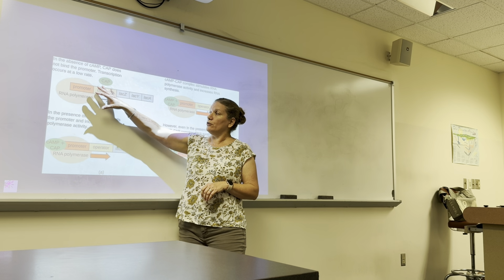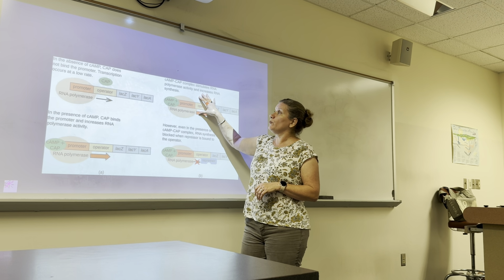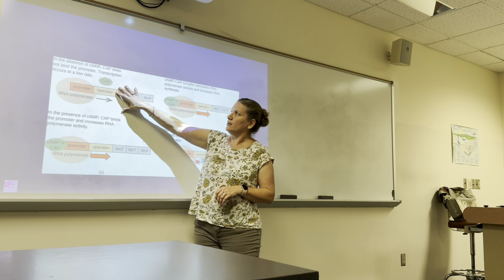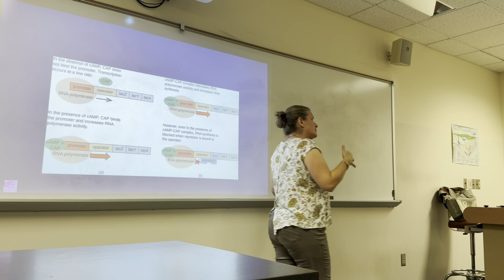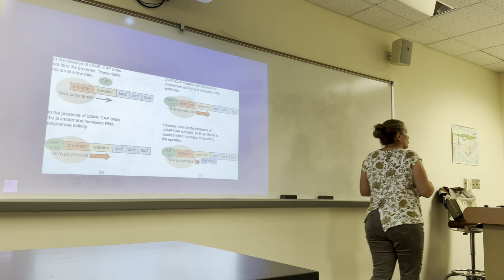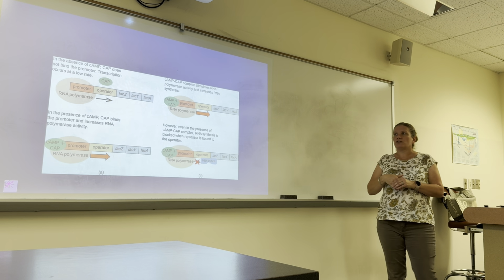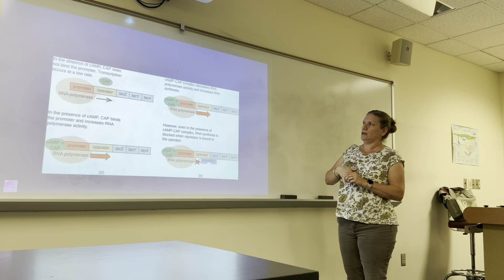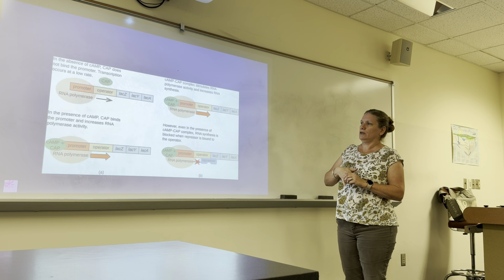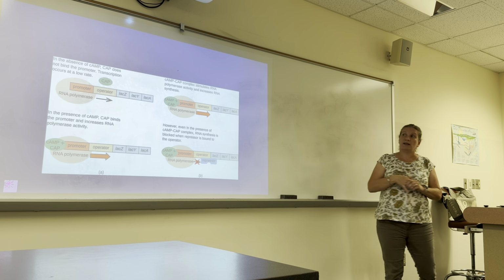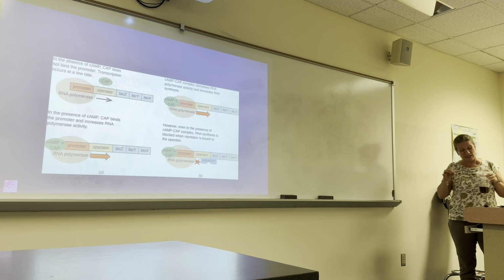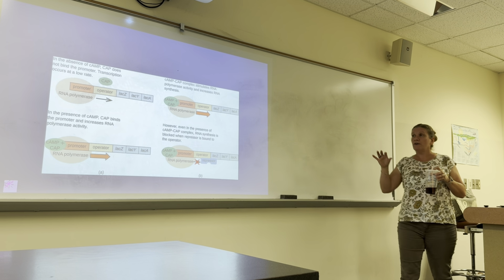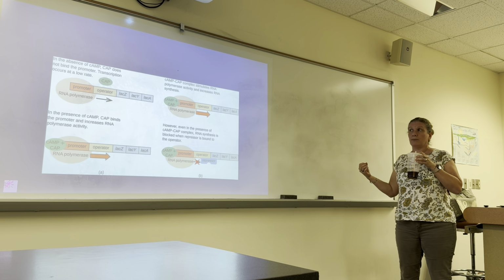Okay, so this is what the top is showing. So when cyclic AMP is absent, so glucose is present, cyclic AMP is not bound. We're not going to see transcription of that, we'll see limited, I should say. The promoter is not as easily recognized, so very some but not a lot of the transcription of that lac operon.